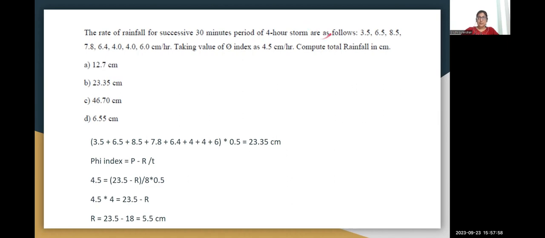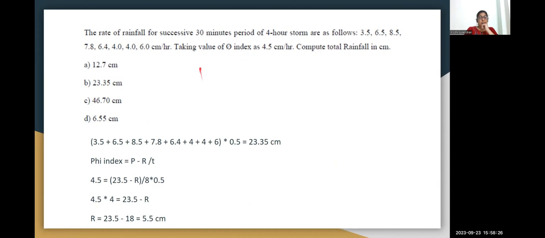A 4-hour storm is how you classify the rainfall. There is a different meaning for it, but for now you can just understand that it is a 4-hour storm, but the occurrence of rainfall is at a 30-minute interval, and so we will multiply half an hour with all these values to find out the depth of the rainfall.